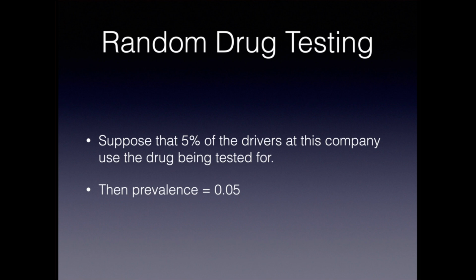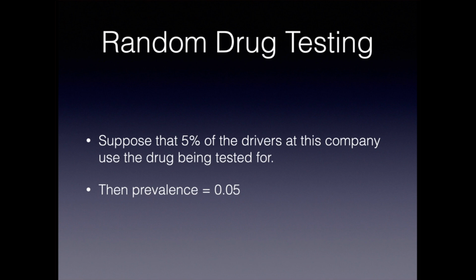We don't actually have all the information we need. You'll recall in a previous lecture video that we said that in order to interpret the results of a test, we need to know something about the prevalence of the characteristic that we're testing for in the population that we're applying the test to. We need that because in interpreting the results of a screening test, we need to compute either the positive predictive value or the negative predictive value.